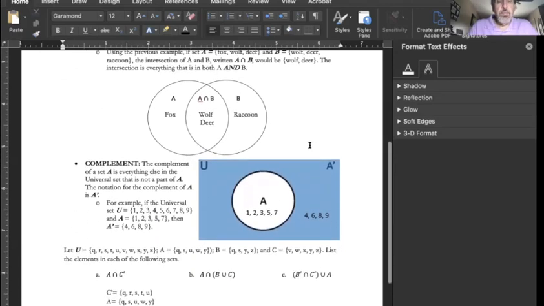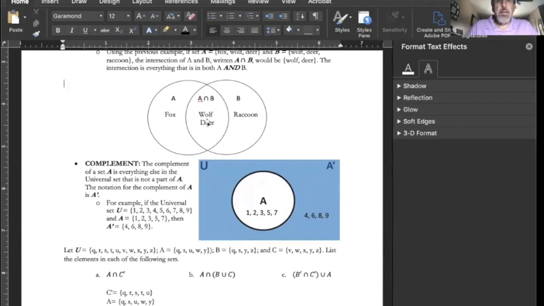Here's a visual example. This circle on the left is set A, and this circle to the right is set B, and there's overlap between the two. In set A, we have fox, wolf, and deer. In set B, we have wolf, deer, and raccoon.